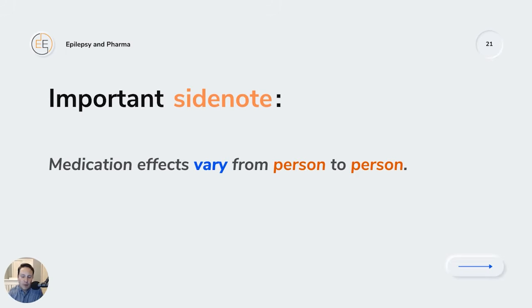Now, when studying the pharmacological effects on a patient, it's worthwhile to consider that medication effects, generally speaking, are quite different from person to person. And why is this important? Well, to say that every person you see in a clinical setting will demonstrate these medication effects is just plain wrong.